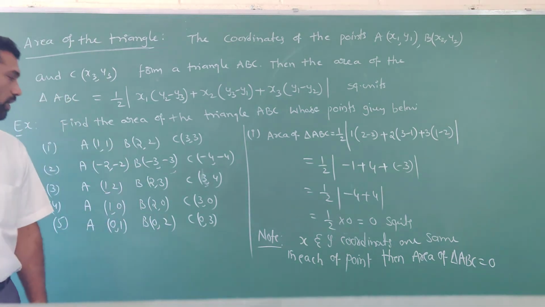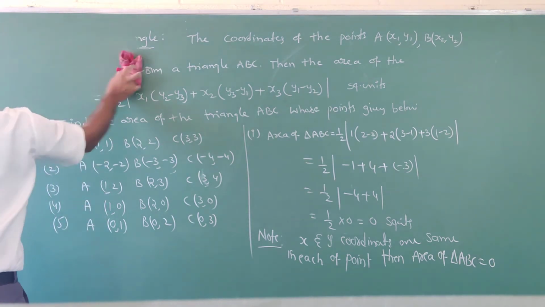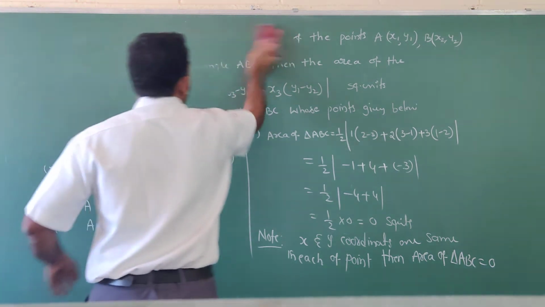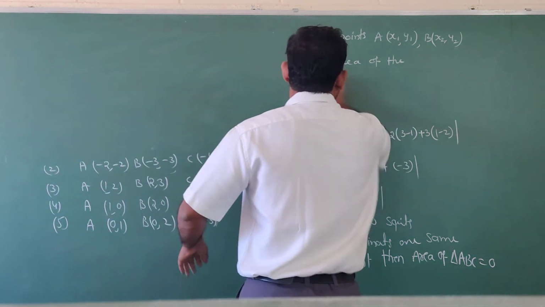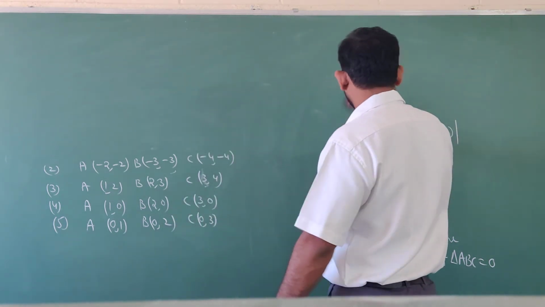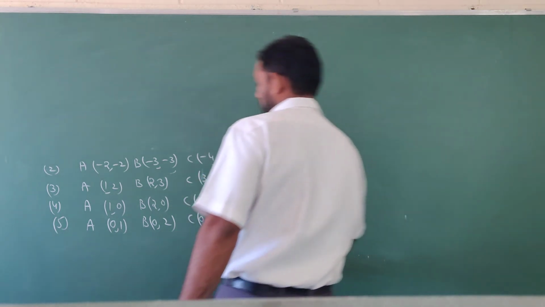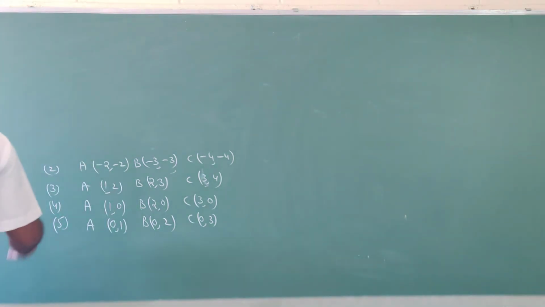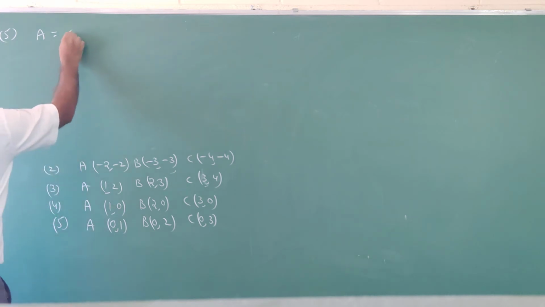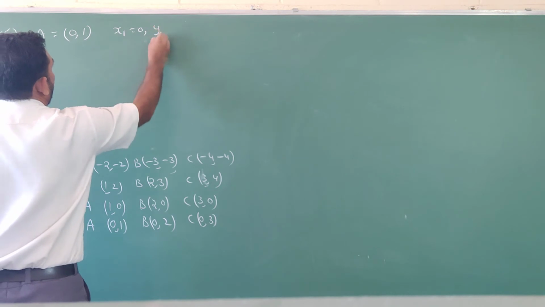I will do one more problem. So the fifth one, you see. A point (0, 1), so x1 is equal to 0, y1 is equal to 1.